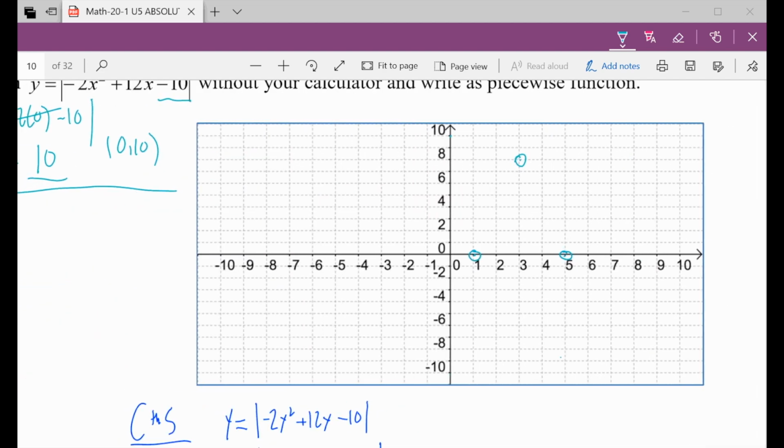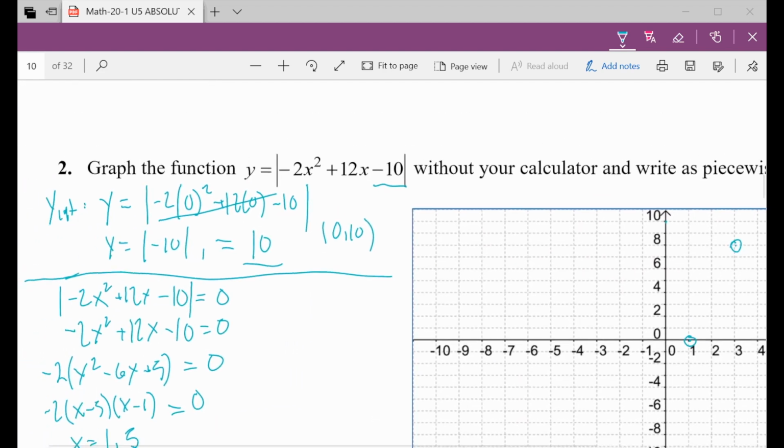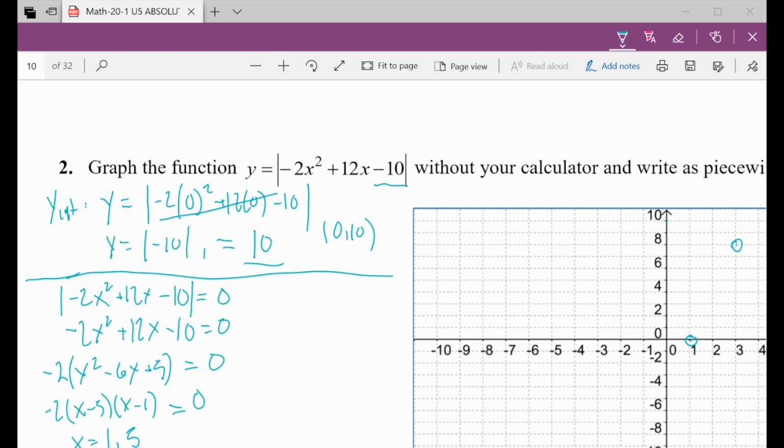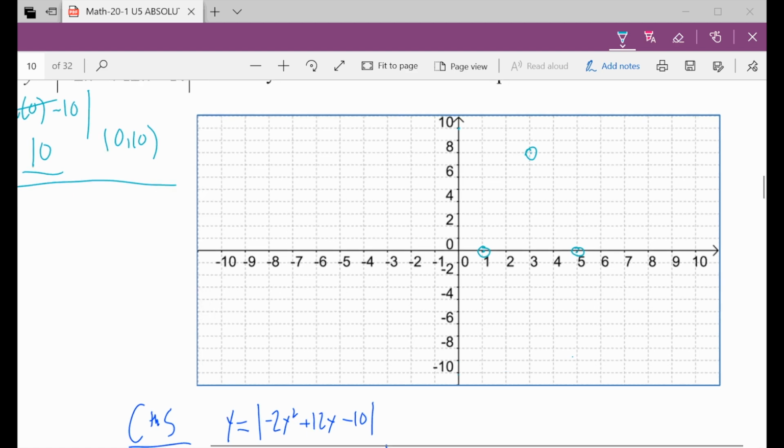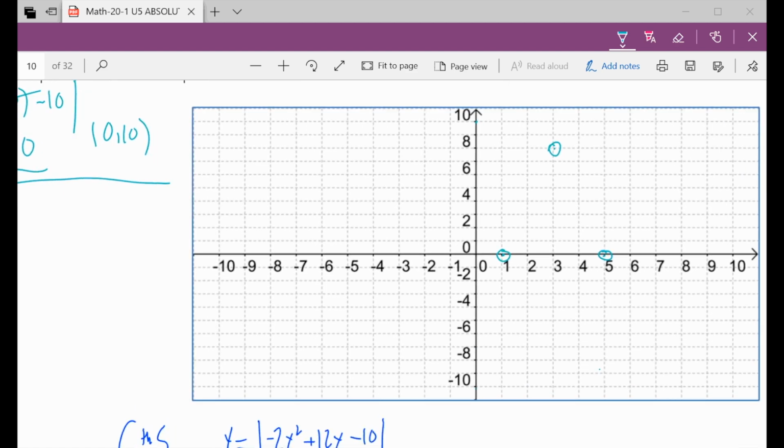But we're going to do the y-intercept of the original function, which when you're looking at this, if you ignore the absolute values, we get minus 2x squared plus 12x minus 10. The y-intercept would be negative 10. So I'm going to draw the original f of x, and then we will do the absolute value of f of x. So 0, negative 10 would be down here, okay?